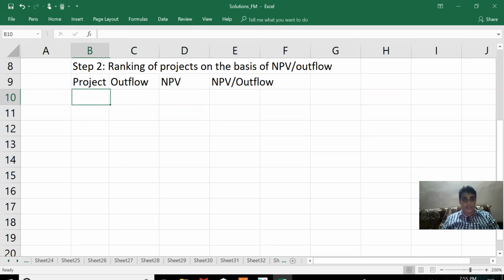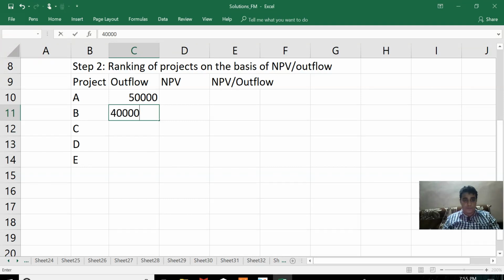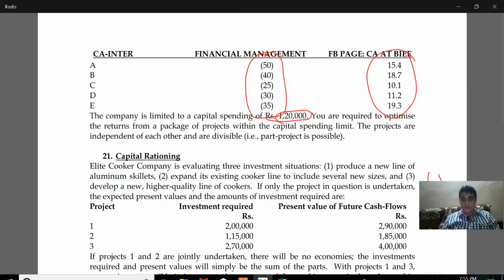This is the information. I have A, B, C, D, E. Outflows are 50,000, 40,000, 25,000, 30,000, 35,000. This is the outflow of the projects.